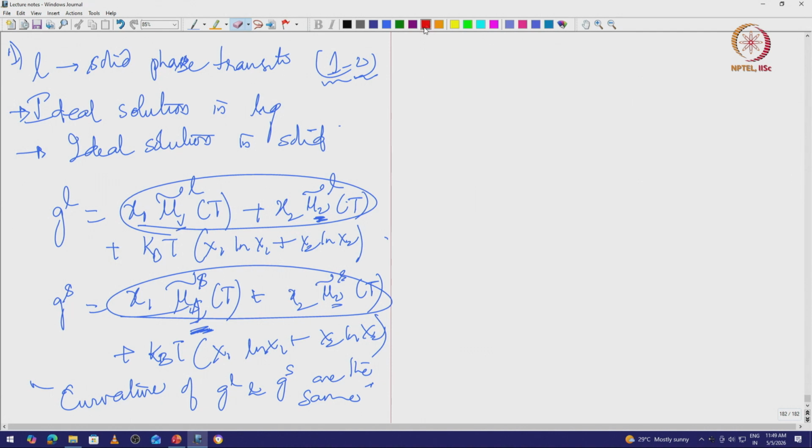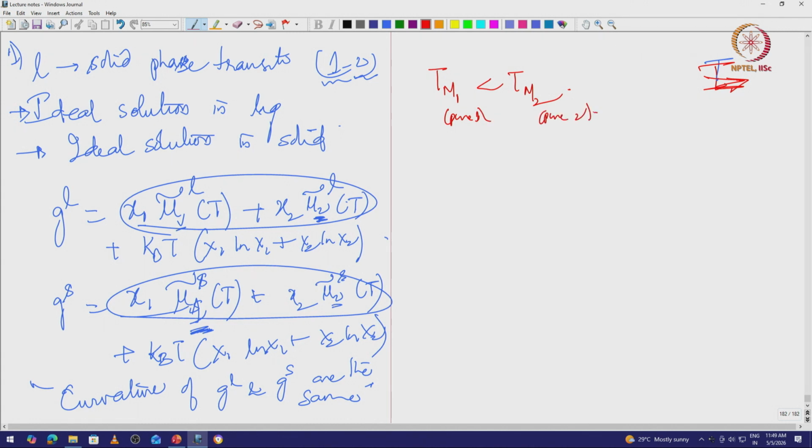All right. Now at high temperatures, let us write with a red pen, and this high temperature is T larger than, let us say, the melting point of 1 is less than the melting point of 2. This is pure 1 and this is pure 2.